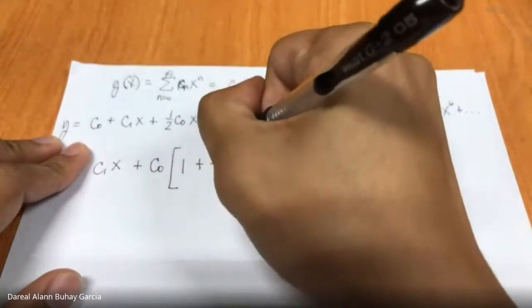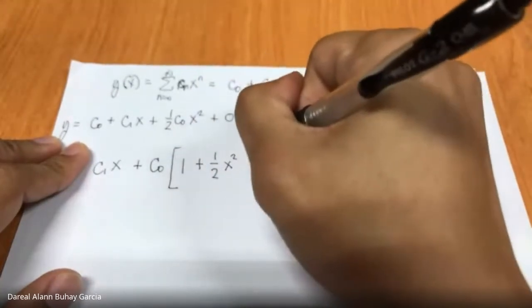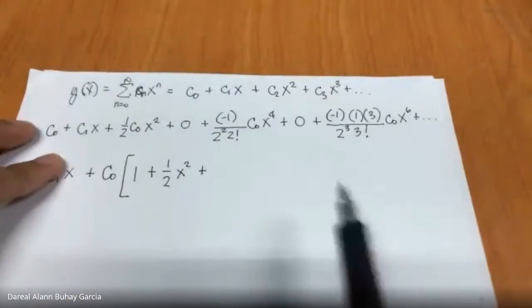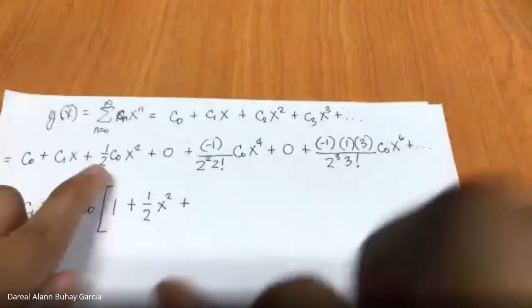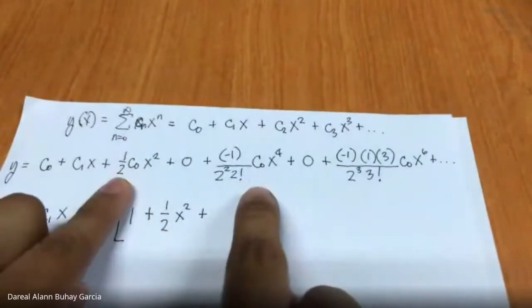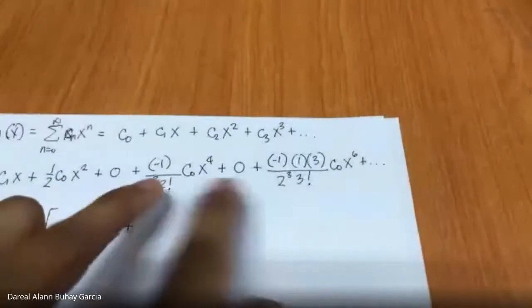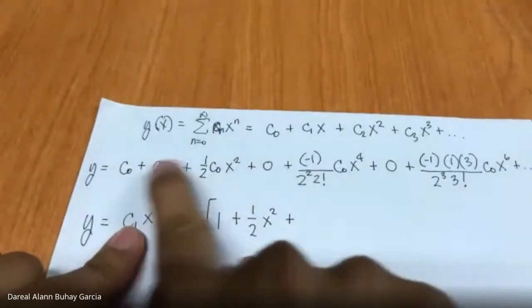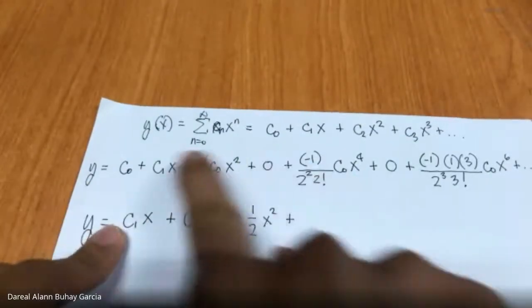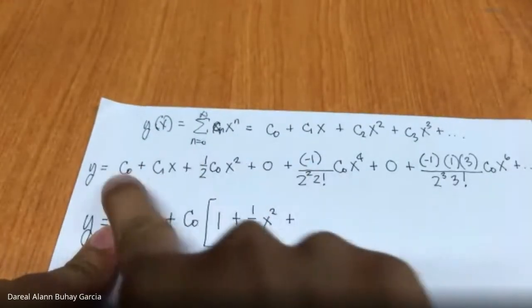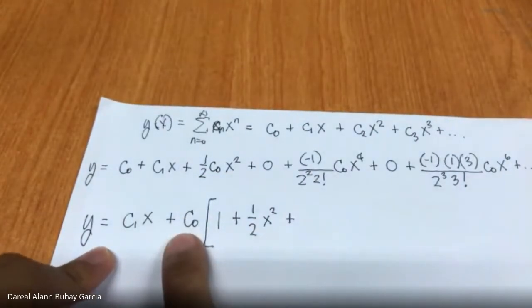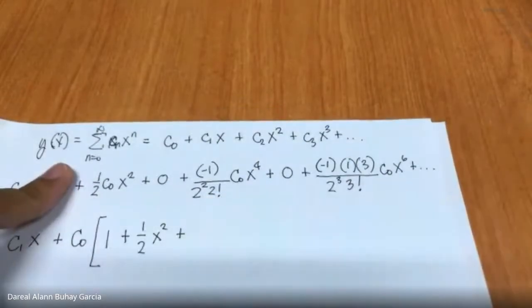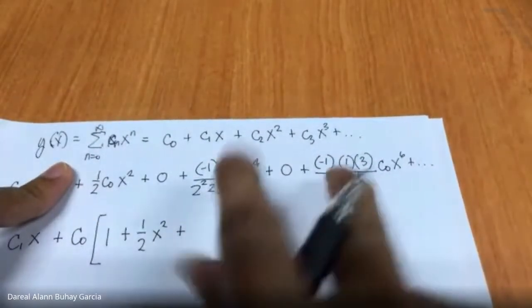We do not start the sigma notation here because it is hard to discern the pattern, even from this expression to this one. This is okay, the pattern can already be seen. So these three can be separated. So this is just 1, this is 1 half x squared. Factor out C sub 0. So we do not start with sigma notation.